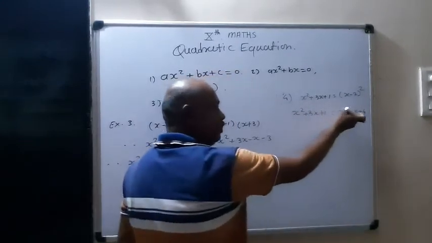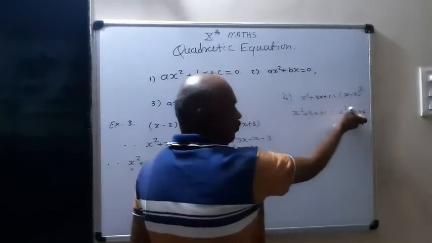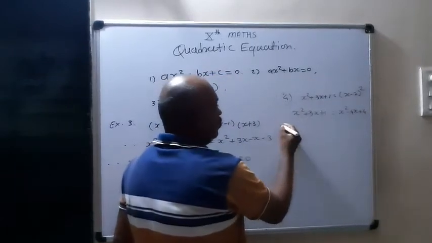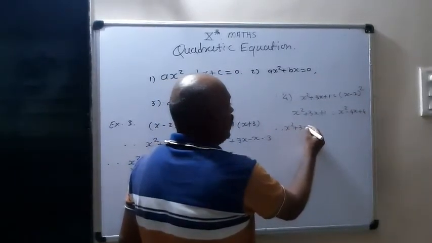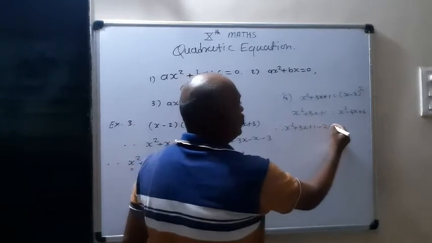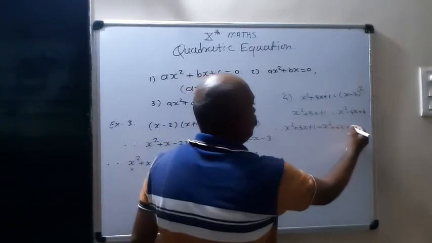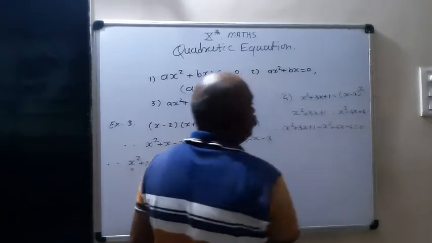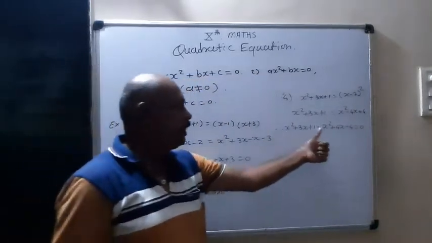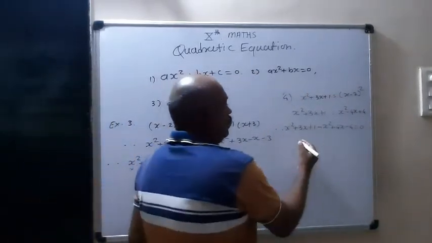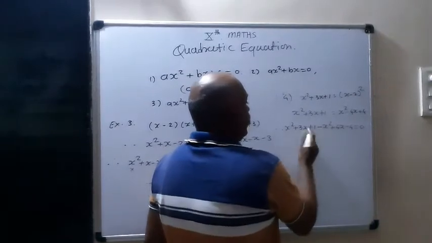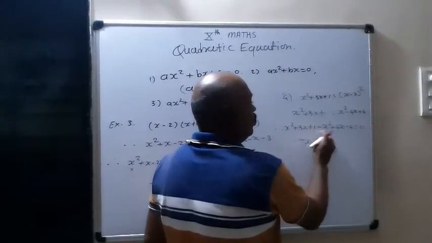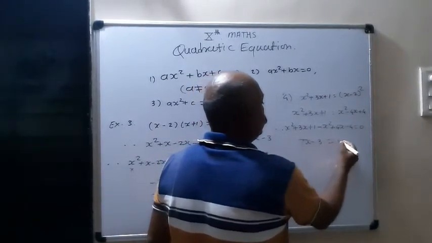By transposing all the terms of the right side towards the left side, therefore x square plus 3x plus 1 minus x square plus 4x minus 4 equal to 0. Here x square gets cancelled. That means 4x plus 3x is 7x, 1 minus 4 is minus 3, equal to 0.